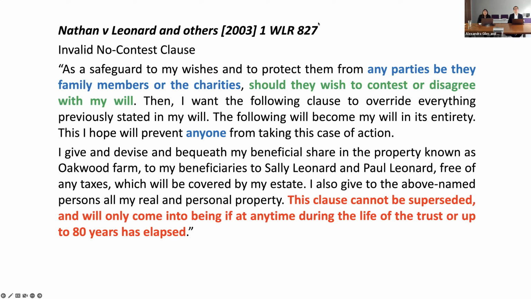Mind argued, well, is it enough that someone should just have an idea that they're not happy with a will, the phrase was secret harborings of thoughts that they weren't happy? And the question was, well, is that enough without actually doing anything about it? Is the trigger event writing a letter before action and then doing nothing about it, or just having thoughts, having discussions? Because the wording that the testator used was so ambiguous, they say.